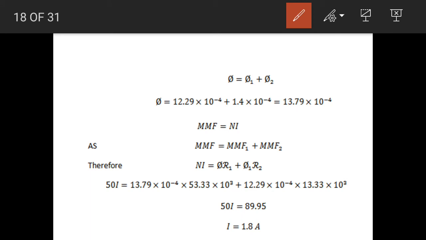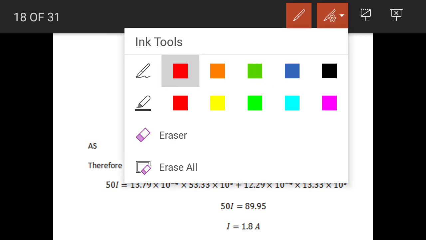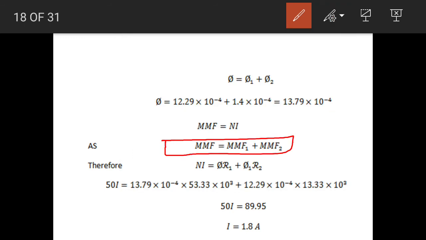So according to this law, MMF will be equal to MMF1 plus MMF2. MMF is equal to Ni. MMF1 is equal to phi R1 and MMF2 is equal to phi 1 R2.